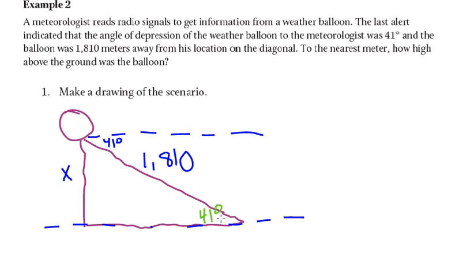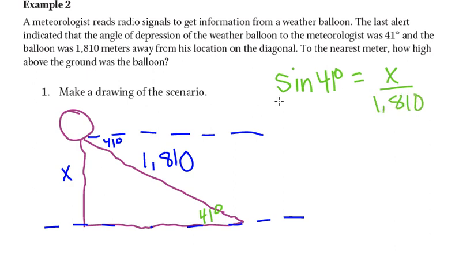So what I'm going to do now is think about what I know. I know this is 41 degrees. I'm trying to find this height. Well, this is the opposite here, and this is the adjacent. No, it isn't. That's the hypotenuse. So if I have opposite and hypotenuse, I'm going to use the sine. So the sine of 41 degrees is going to be equal to the opposite x over the hypotenuse, 1,810.